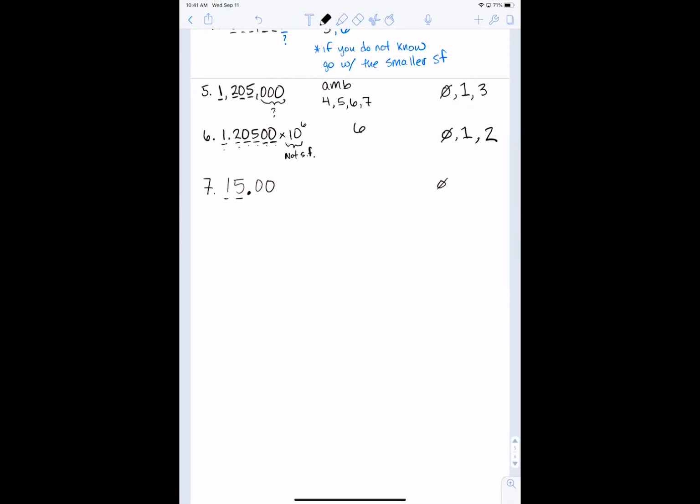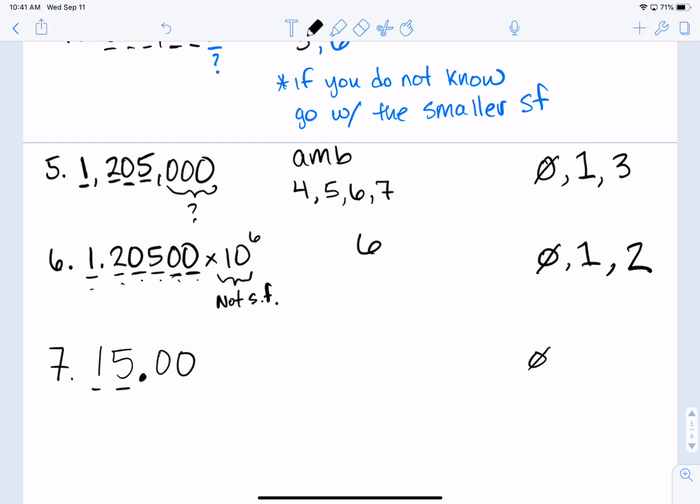And what rule tells us whether those zeros count or not for significant figures? Rule number 1, 2, 3. Rule 2, if a number has a decimal point, okay, first of all, it does. Any zeros at the right end of the number are significant.